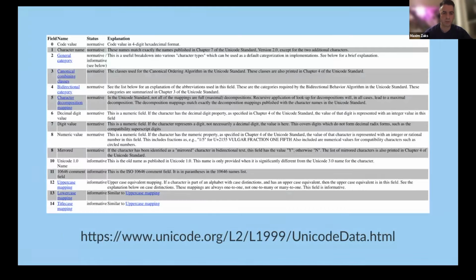If we're interested in what the columns mean, we have this website with a table which says that column 12 is the uppercase mapping, 13 is the lowercase mapping, and 14 is the title case mapping. Fun fact: uppercase mapping and title case mapping can be different, but most of the time we are interested in the uppercase one.